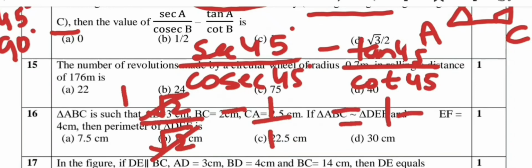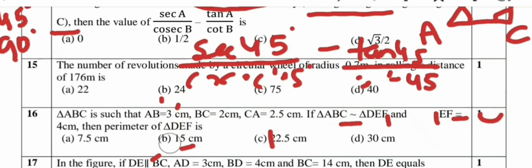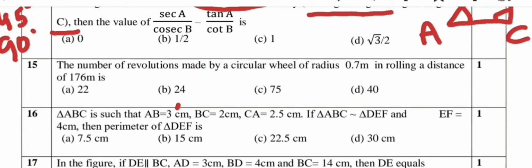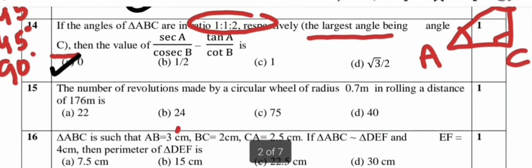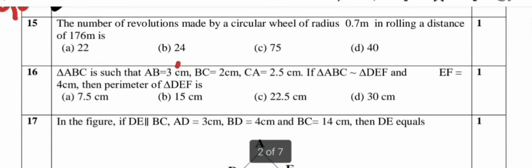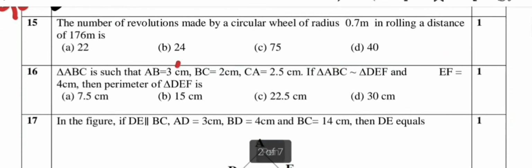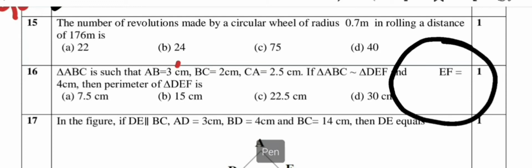Similarly, cosecant 45 degree is also root 2. Tan 45 degree is 1. Similarly, cot 45 degree is also 1. On cancelling this, we get 1. So we are getting 1 minus 1. Our answer is 0. So after solving this, again we are getting answer 0 in this question also. So this is how you have to solve. So we can mark the correct option, option A, for 14th sum.